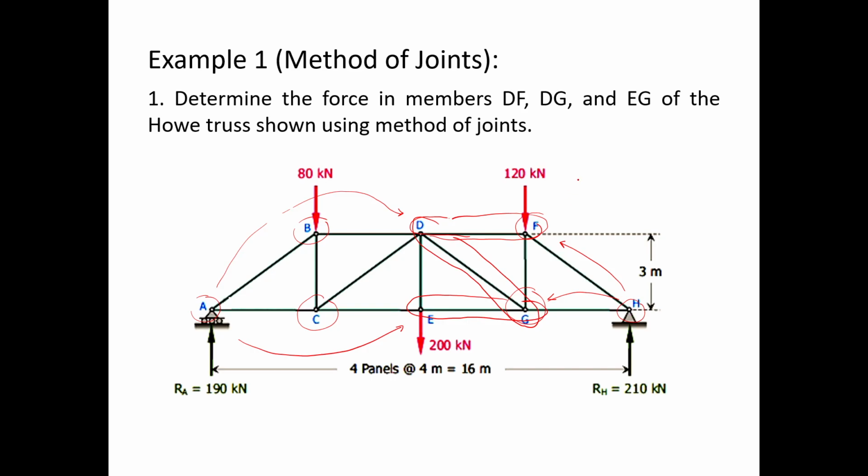With a simple glance, you can already tell which joint you're going to start from. If you start from A, you're going to hop through two joints before reaching the essential joints the problem is looking for. If you start at H, you're already hitting the unknown members that the problem is asking about.